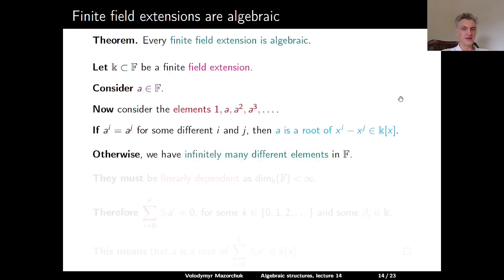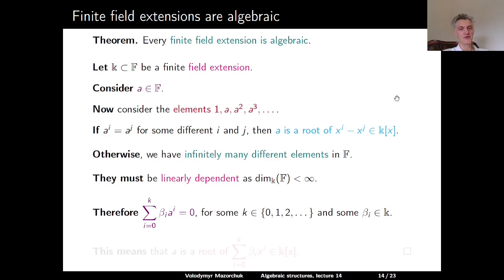Otherwise, we have infinitely many different elements in F, and F is finite dimensional over K. So these infinitely many elements must be linearly dependent. And when we write a linear dependence between them, so there are some positive integer k and numbers beta 0 and so on beta k in our field K, such that the sum i from 0 to k of beta i times a to the power i is equal to 0.